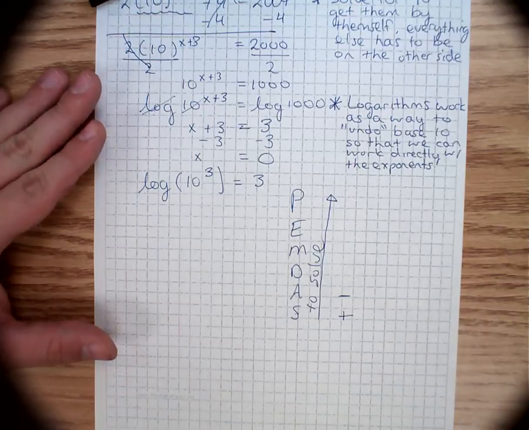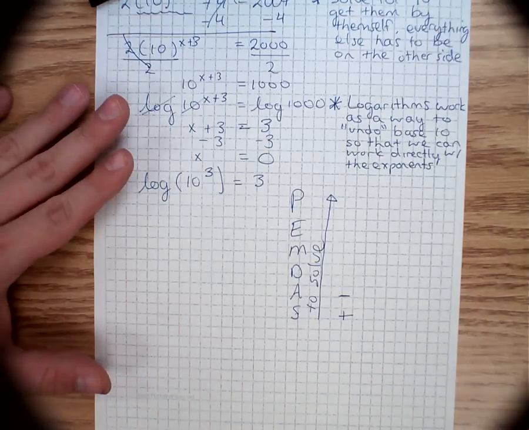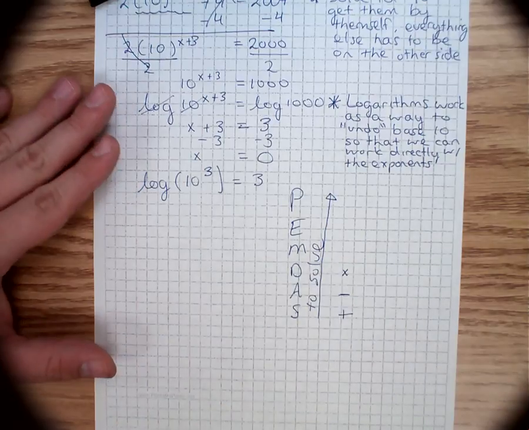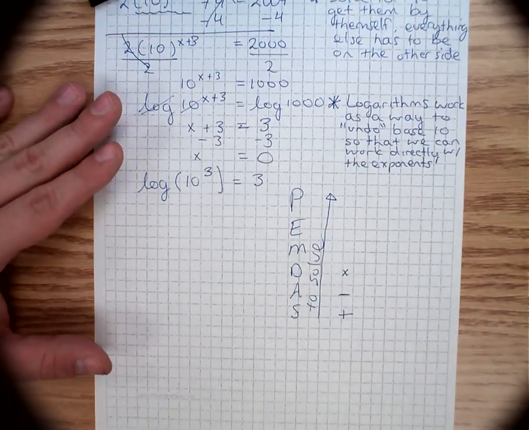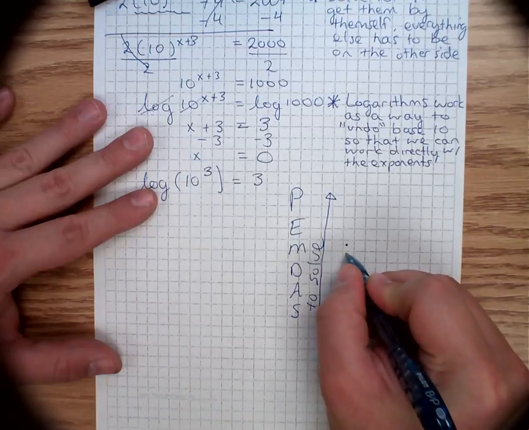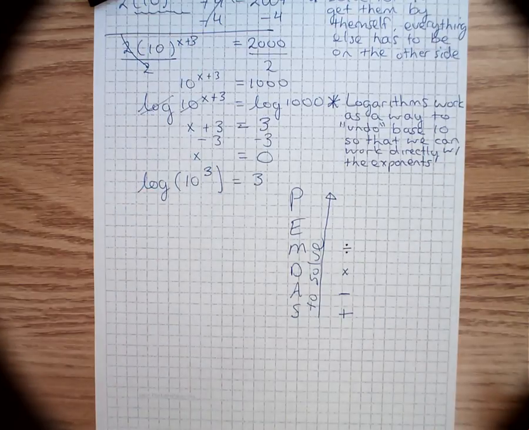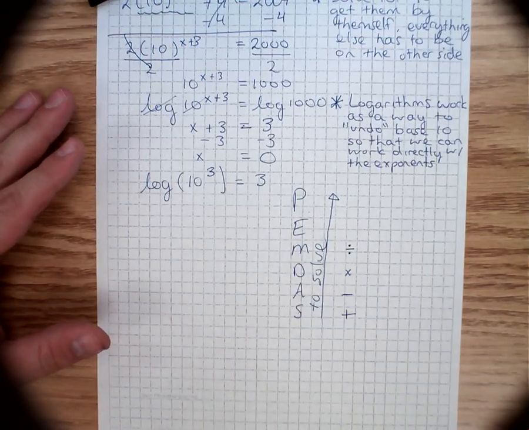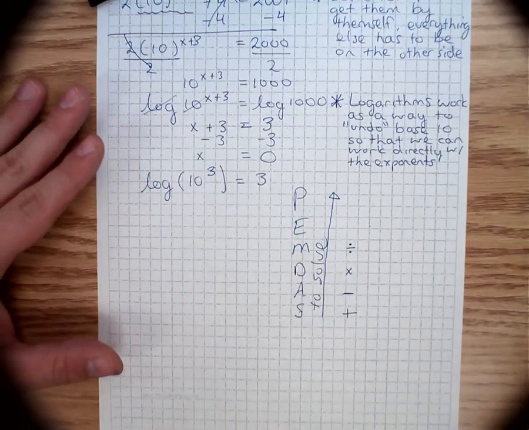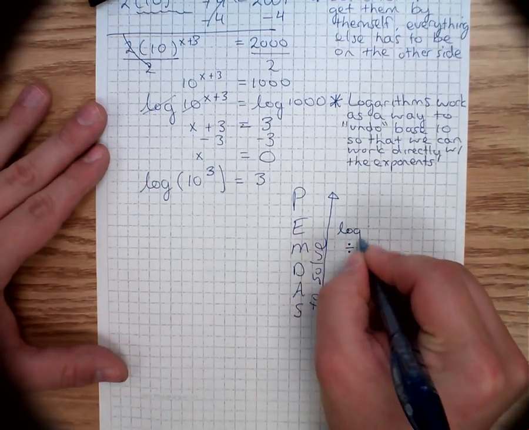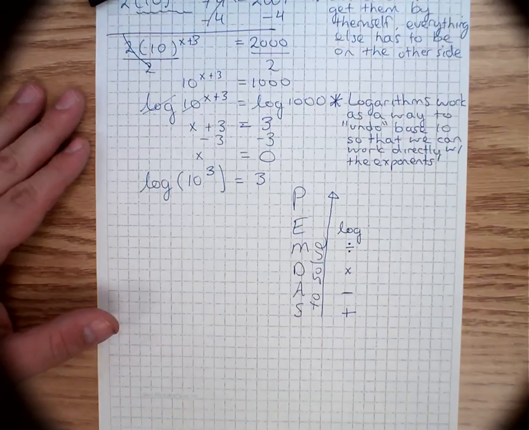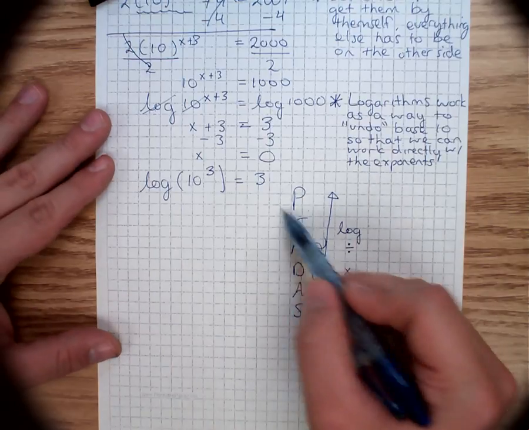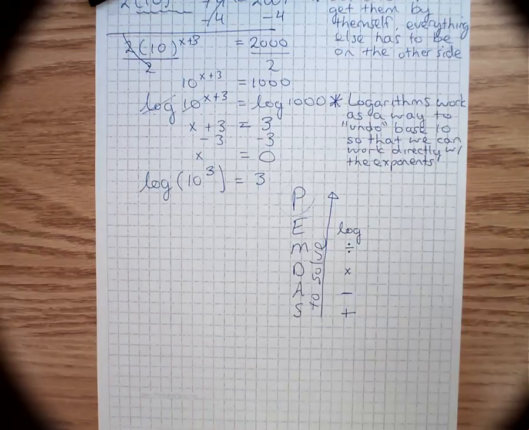How do I undo division? Multiply. And how do I undo multiplication? Divide. Okay, so when I'm trying to get exponents, it's undoing a base. But when you think, how do I get exponents down? I want you to think we're dealing with logarithms. All right? And just a reminder, parentheses is not an operation. It's telling you you have to do that operation first. It's just giving order of importance.